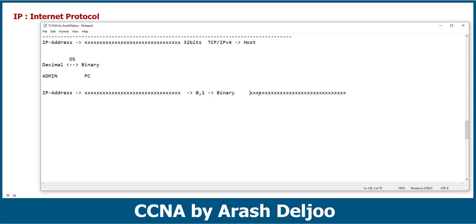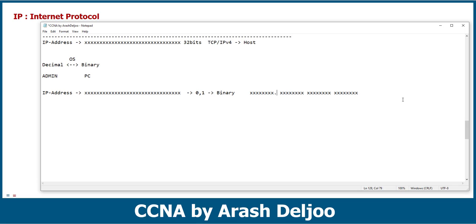We need to divide it into 4 parts with 8 bits in each part. This is the first 8 bits. We need to divide each 8 bits from each other. This is the second 8 bits, and here we have the third 8 bits. Now we have four 8-bit groups, and after that we need to use one dot between each 8 bits.